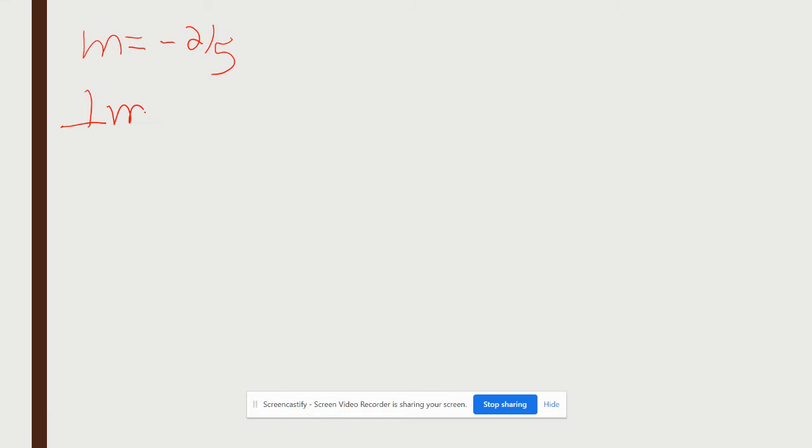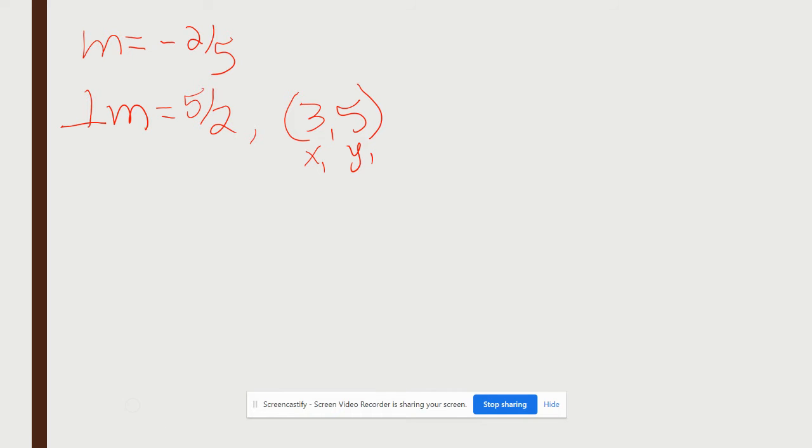So perpendicular slope, remember the upside down capital T means perpendicular, is the opposite reciprocal. So the opposite of negative is positive, and the reciprocal or flip of 2/5 is 5/2. So we have 5/2, and we're still going through the ordered pair (3, 5).